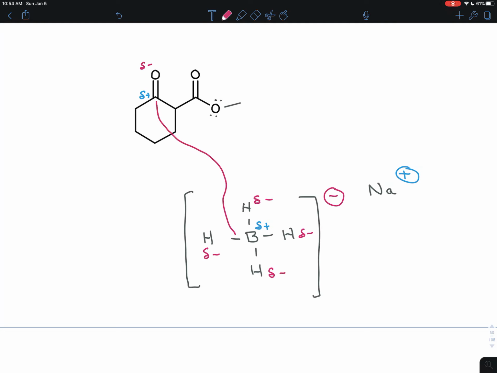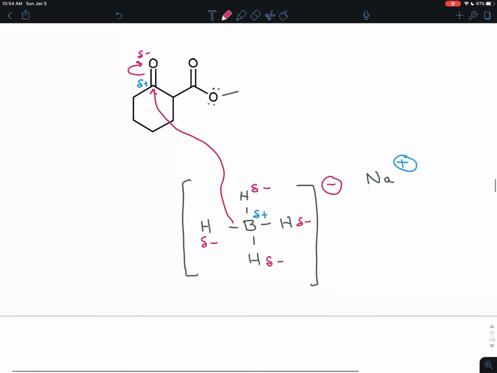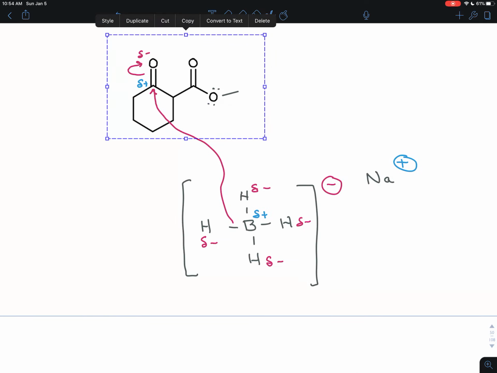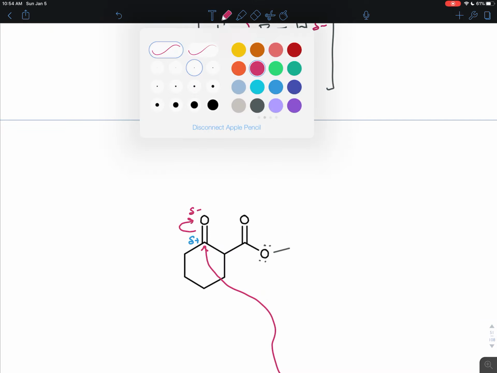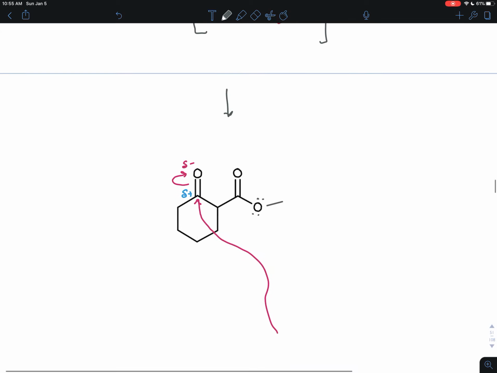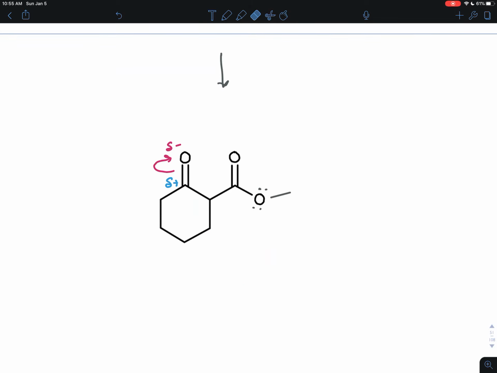So this hydrogen nucleophile attacks the carbonyl carbon, the pi bond breaks, and the electrons go up onto that oxygen. What we end up with after that first step is a hydrogen on that carbon.